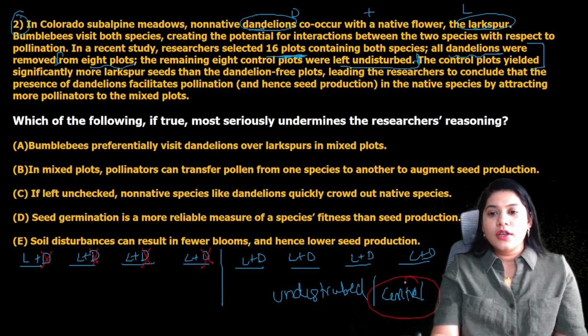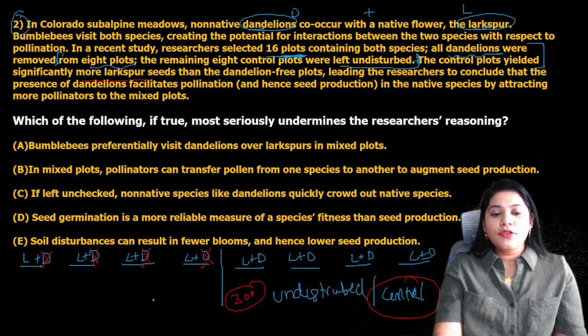Okay. The control plots yielded significantly more larkspur seeds than the dandelion-free plots. It means that if here the flowers yielded next month are say 300, here the flowers are only 200. See, here we are left with only larkspur, so ideally larkspur seeds or flowers should be much more, but no. Here there are more larkspur than here, right?